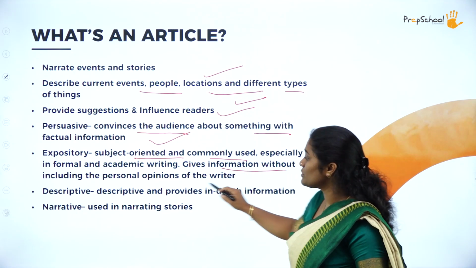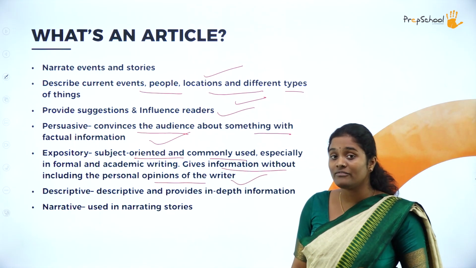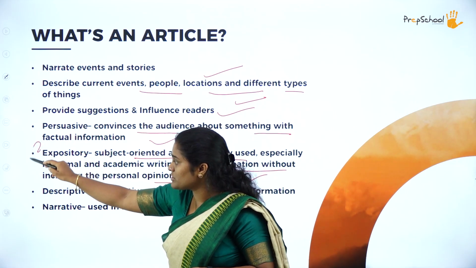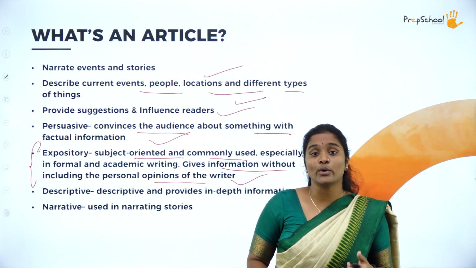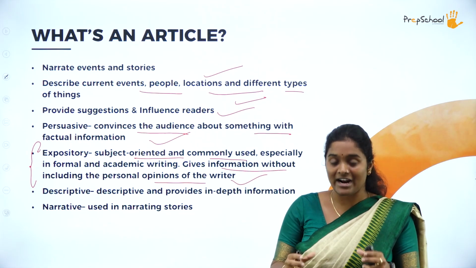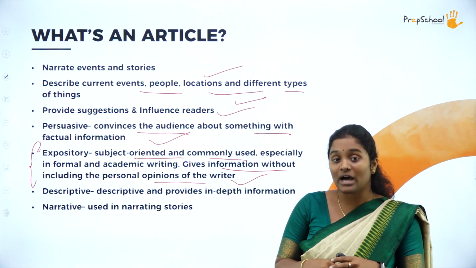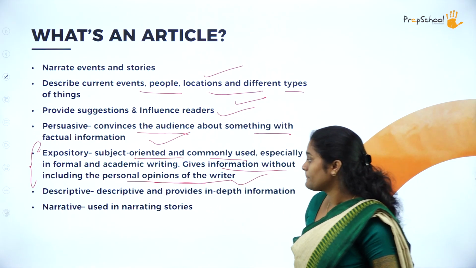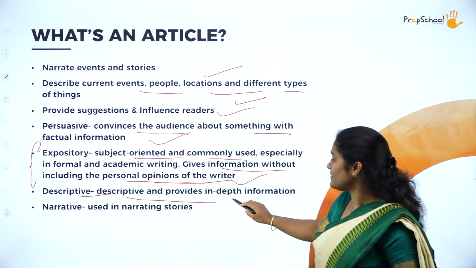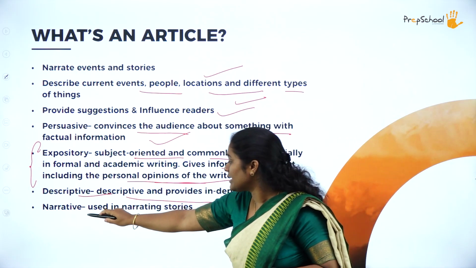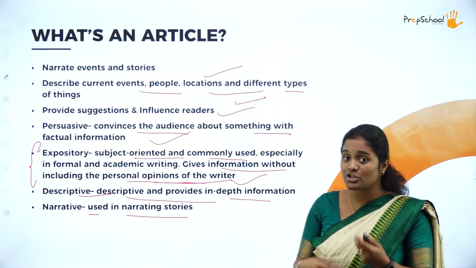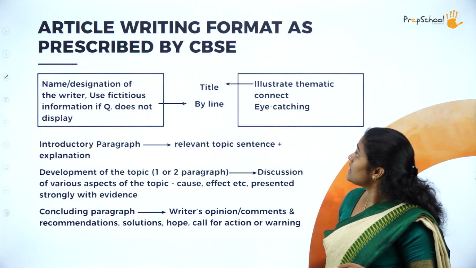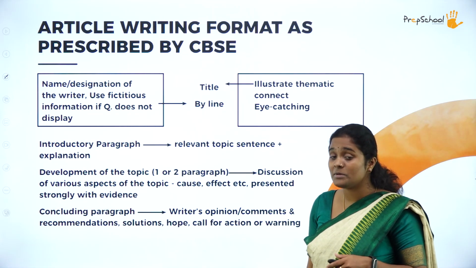So it gives information without including personal opinions of the writer. Okay. So in this particular case, in the expository article, we are going to get the fact-based information without the inclusion of the personal opinions of the writer. Then descriptive, in case of descriptive, it provides in-depth information. Narrative, as we got to know, narration of events, right? Stories. Then let's look at the article format prescribed by CBSE.